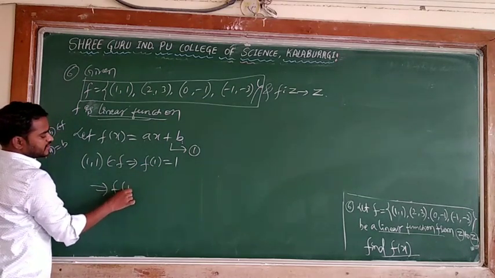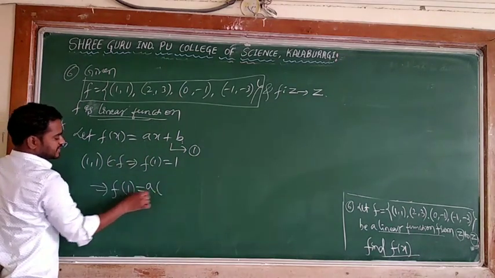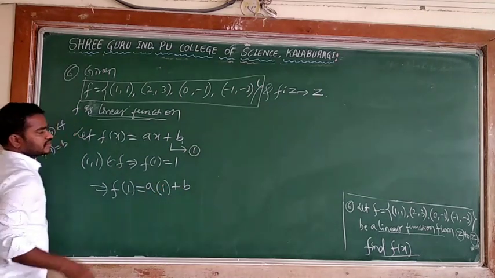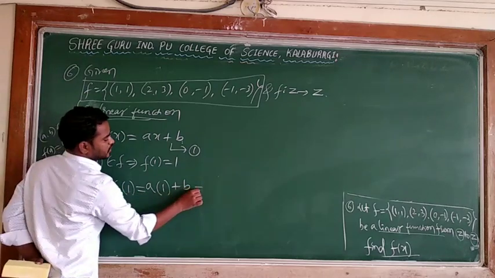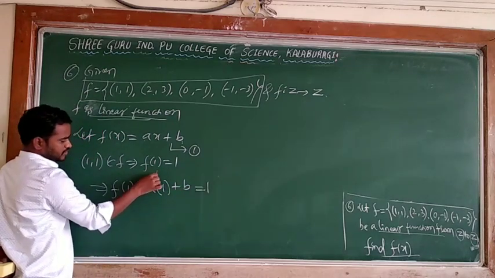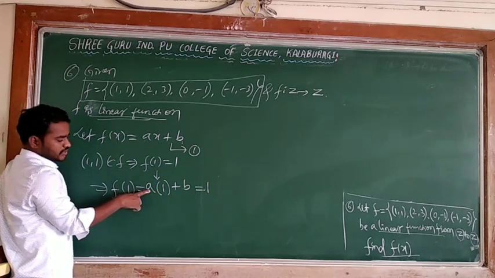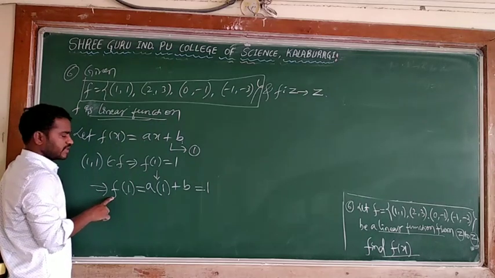So it implies that f of 1 means a times x, where x is 1, plus b, with b as it is. In the place of x I am taking 1. You can take any order; according to this you will get the value.